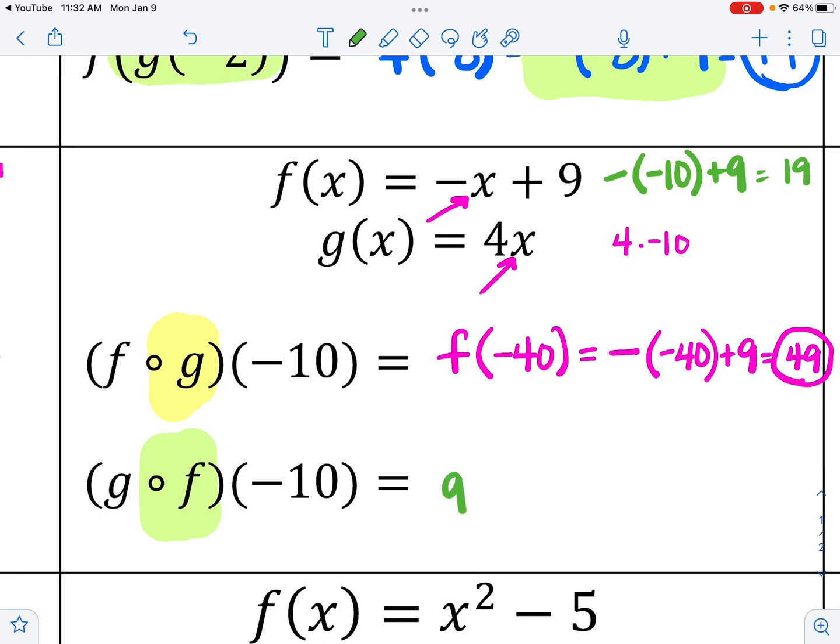So now we have to find the value of g when we plug 19 into x. That becomes 4 parentheses 19, and 4 times 19 is 36. Nope. 4 times 9 is 36. 4 times 19 is 76.